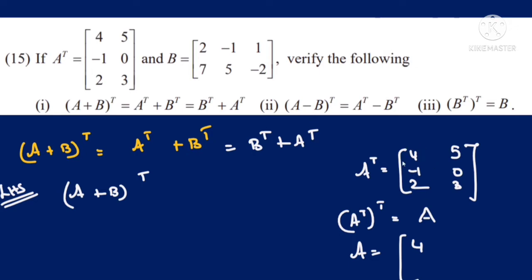So the first column 4, -1, 2 will become the first row, the second column will become the second row. So this is your matrix A. We took the transpose of A transpose, and we get the matrix A.